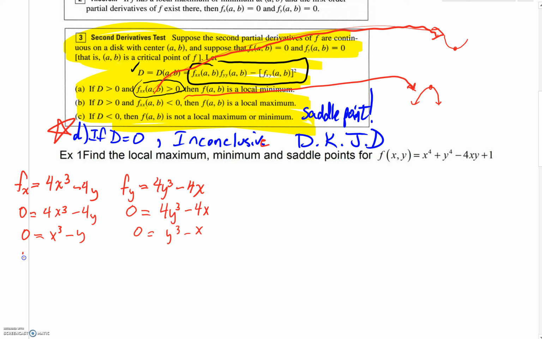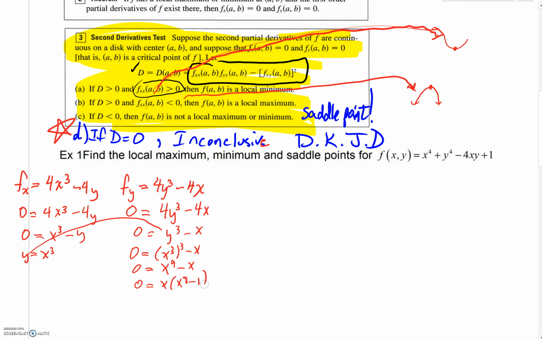And then I'm going to add a y here and say y is equal to x cubed. And then I'm going to substitute that in over here. So instead of writing a y, we'll write x cubed. This becomes x to the 9th minus x. And we can factor out an x.